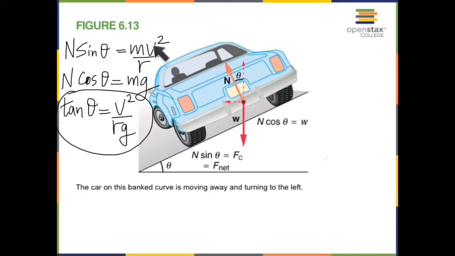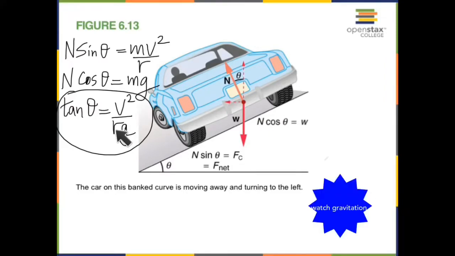So n sine theta is mv squared by r. N cosine theta is mg. When you divide one by the other, you get tan theta is equal to v squared by rg. This is the formula that we can now use to find how much the road needs to be banked. All we need is to know the velocity, the radius of the curve, and acceleration due to gravity.